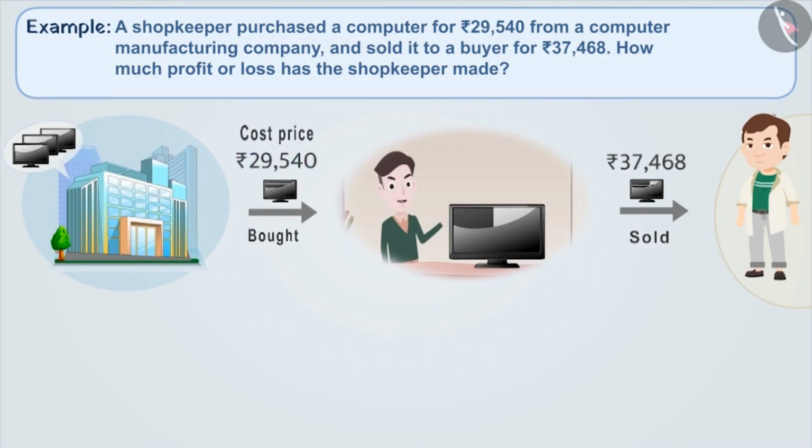If he sells the computer to a customer for rupees 37,468, then the selling price for the shopkeeper is rupees 37,468. By looking at the cost price and selling price, can you tell whether the shopkeeper has made a profit or a loss? Think for a while.